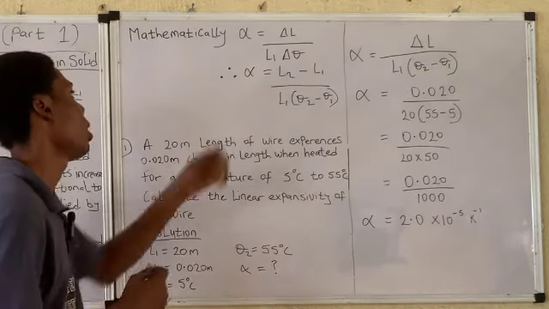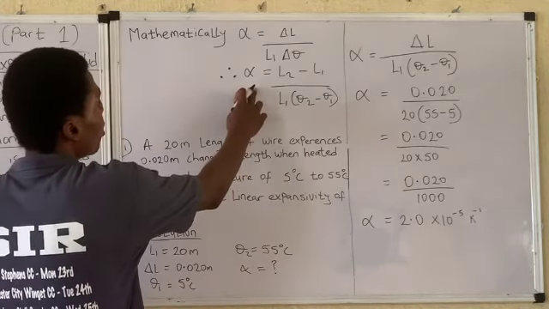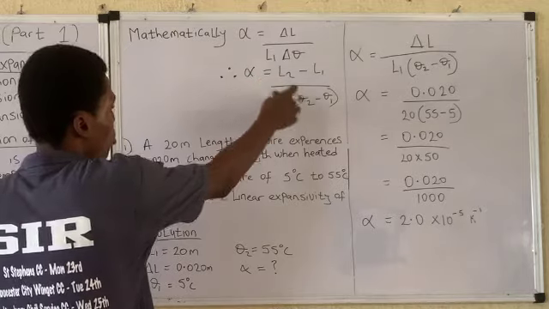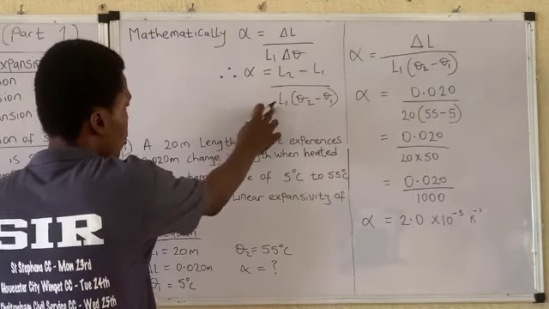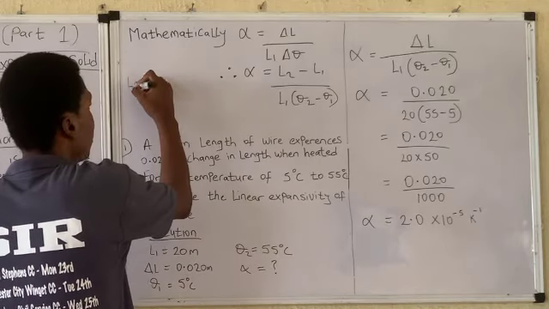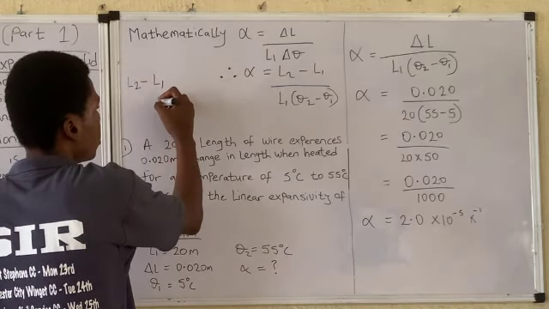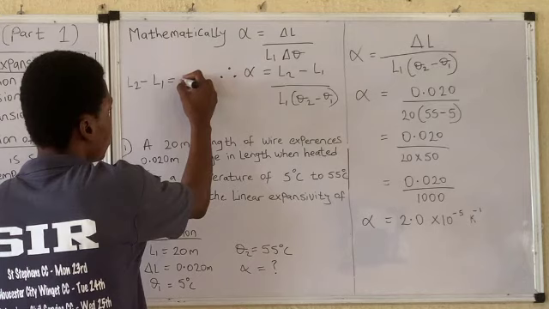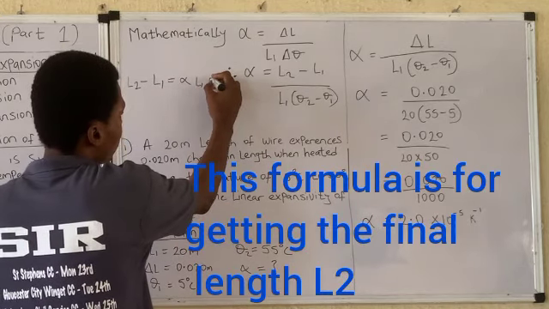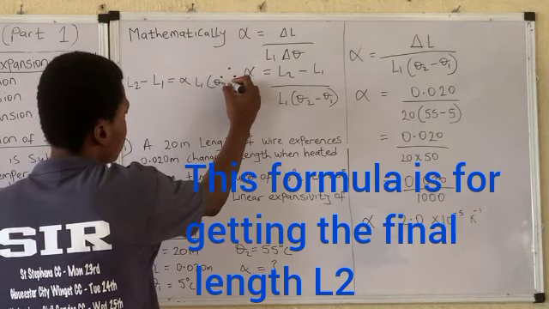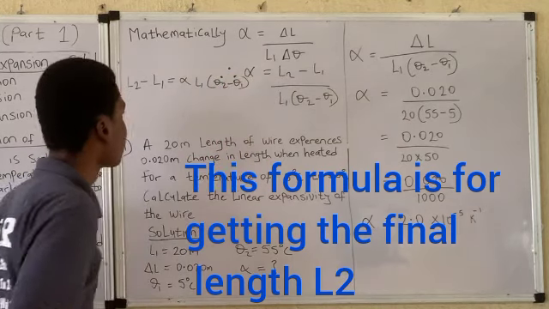We just cross multiply. So we have L2 minus L1 equal to L1 bracket theta 2 minus theta 1 times alpha.